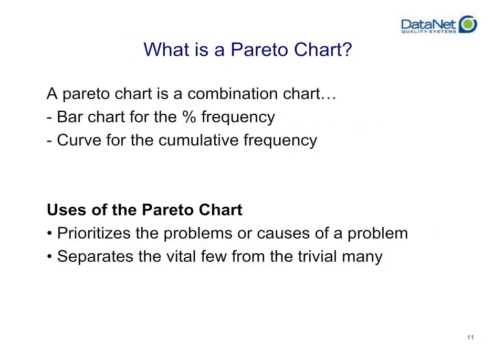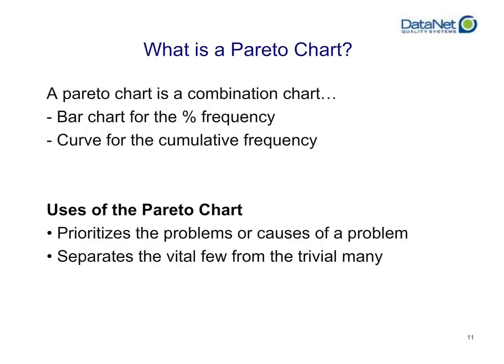So now that we know what the basis of the 80-20 rule or the Pareto principle is, what is a Pareto chart? A Pareto chart is a combination chart that shows both a bar chart for the percentage frequency of each cause as well as a cumulative frequency curve of all of those causes combined.